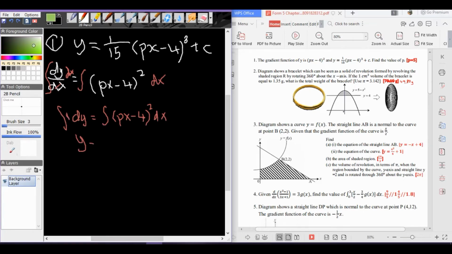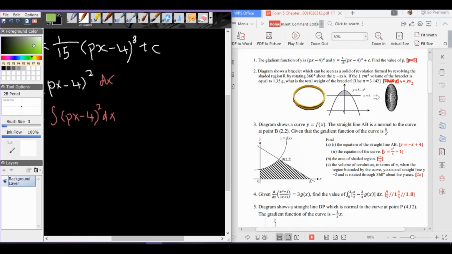Equals, how to integrate this one? We can use substitution. First, we let u equal px minus 4. Differentiate u in terms of x, you will have p. Rearrange, so du over p equals dx.